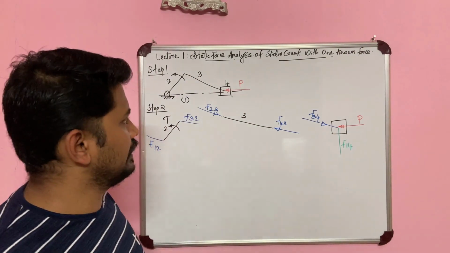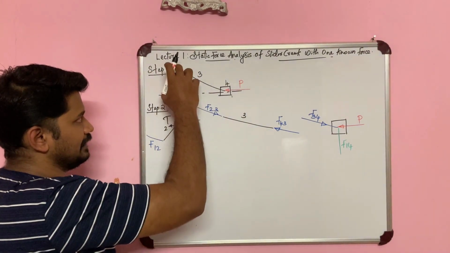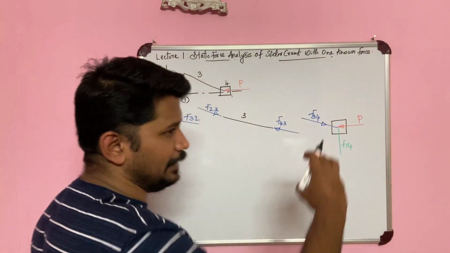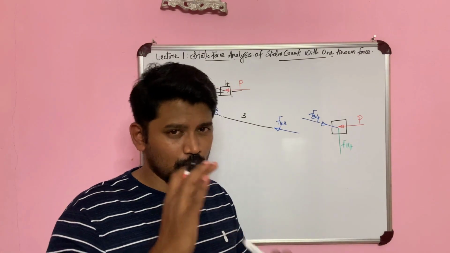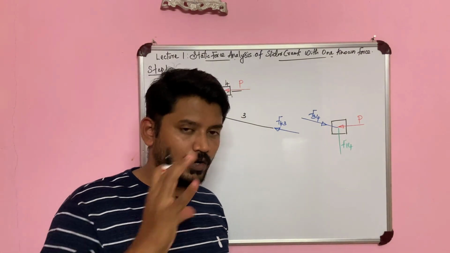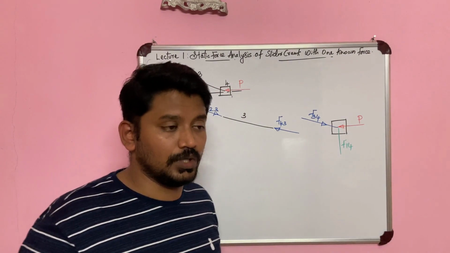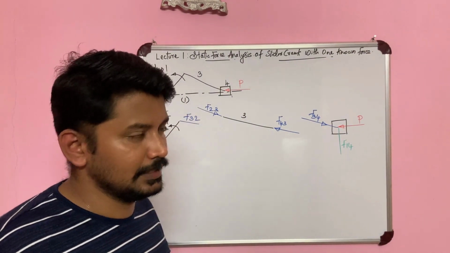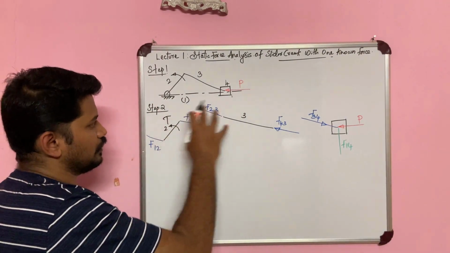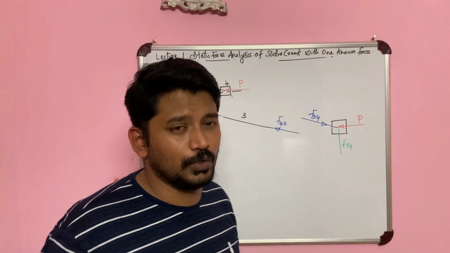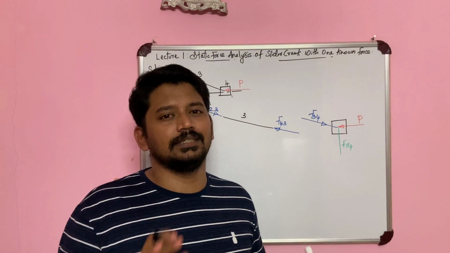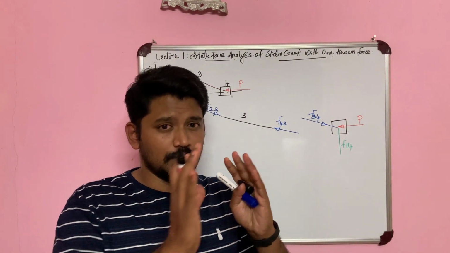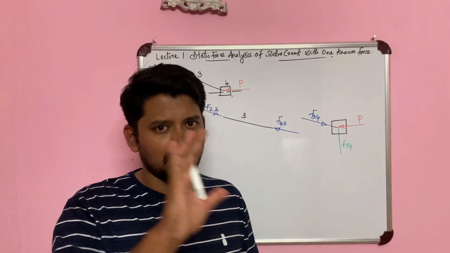Now, free body diagram means you are taking links, each link separately, and you are marking the forces that are being acted upon those links. So you are only concerned with the forces that are being acted upon those links. When we are drawing the free body diagrams, we become clear about which forces are acting on each link.